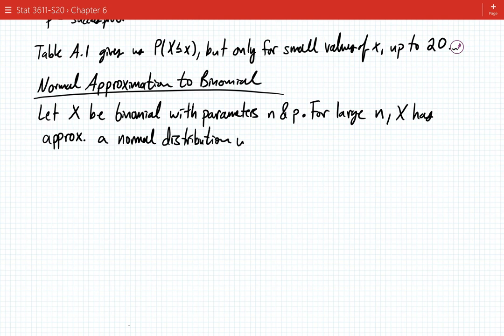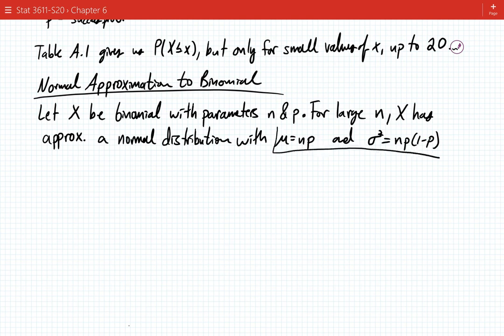A normal distribution with mean mu equal to n times p and variance sigma squared equal to npq, or np times 1 minus p.